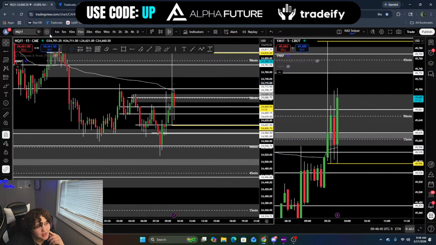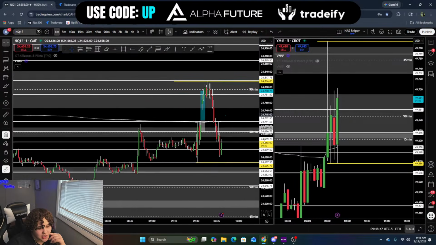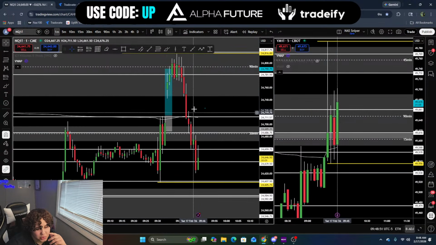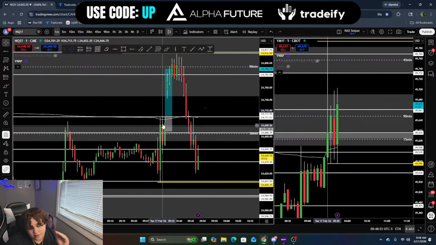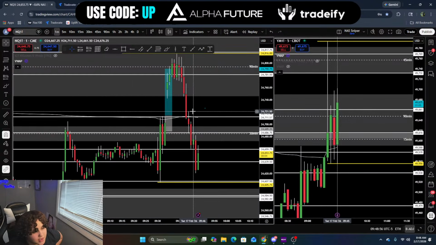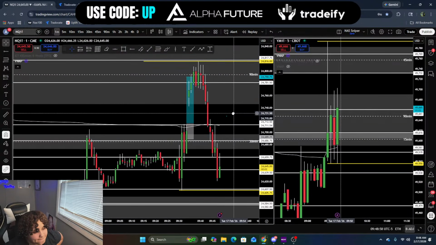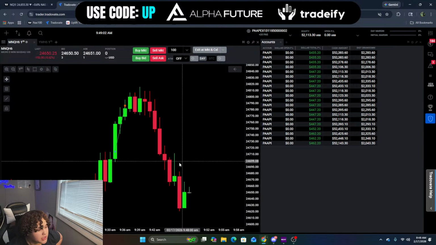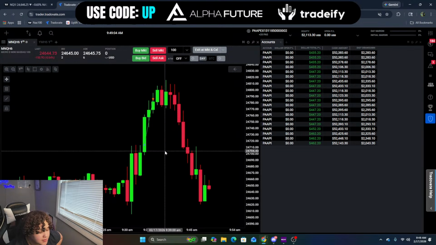Even with this winning long trade I took here, usually I wouldn't have taken it because VWAP was there. I would not have taken this long if I knew VWAP was there. But I took it and it worked out well, so that's good.